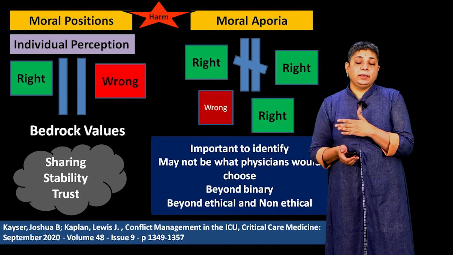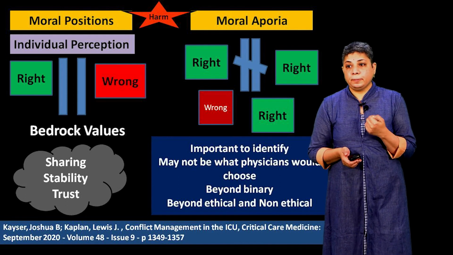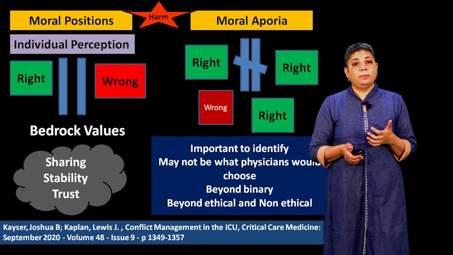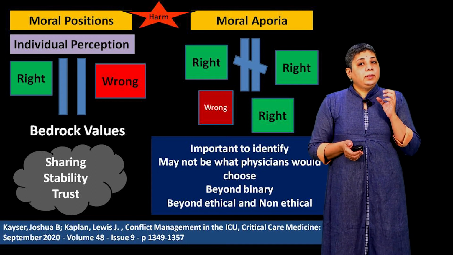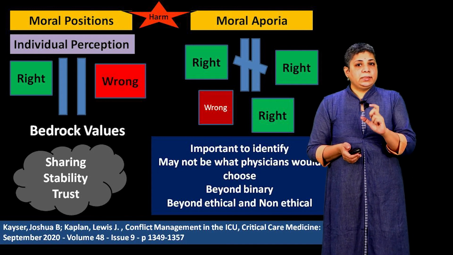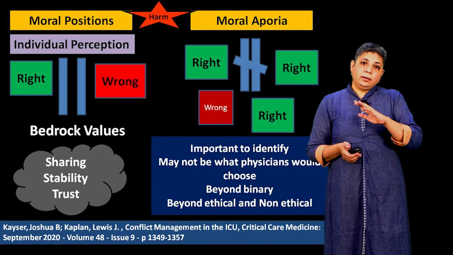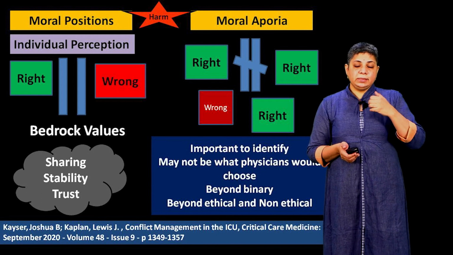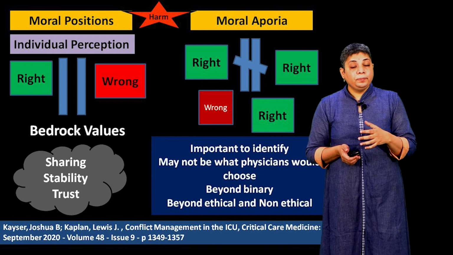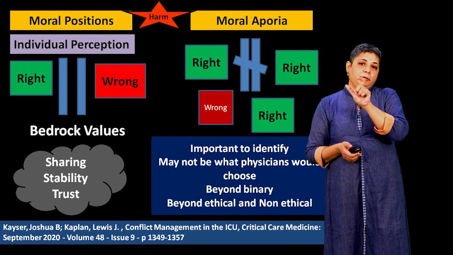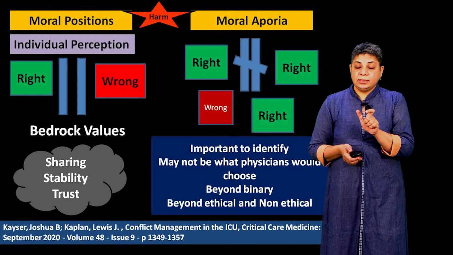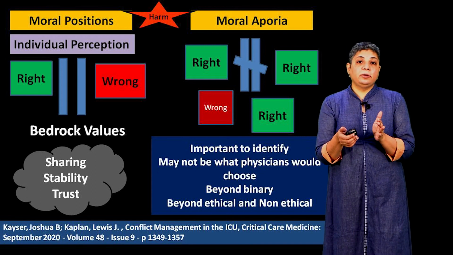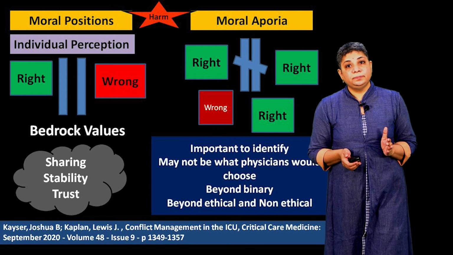On the other hand, there is something called moral aporia. What is moral aporia? Moral aporia is a situation where the answer to a question may not be one right or wrong. There may be several right answers, or there could be bits of the answers which are true in parts, but when you combine them as a whole, they may not really make sense.